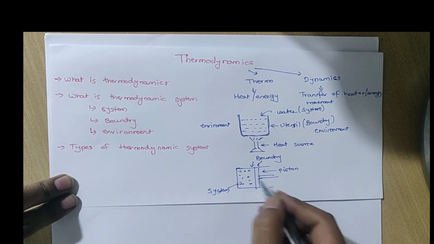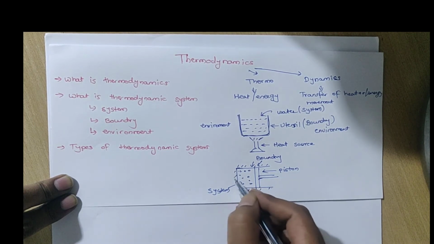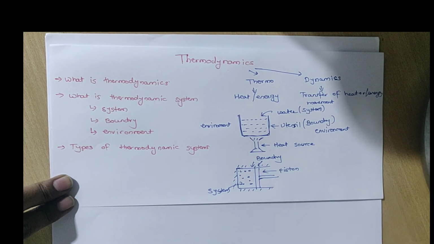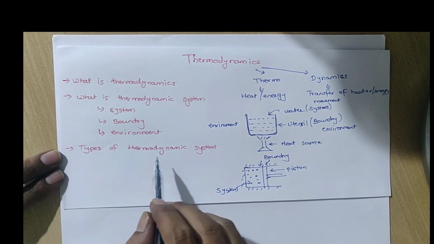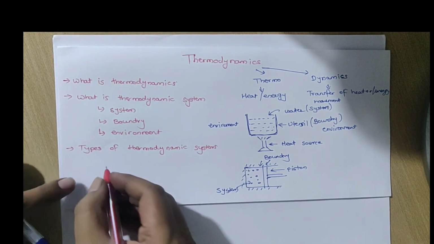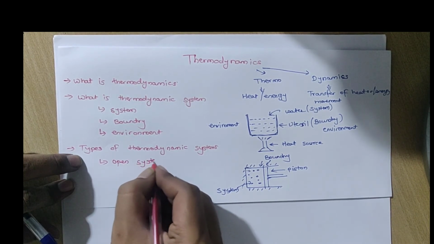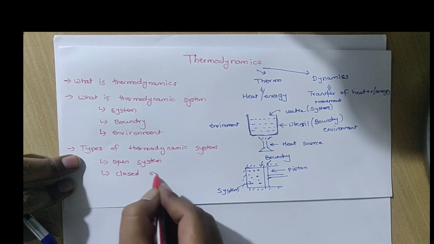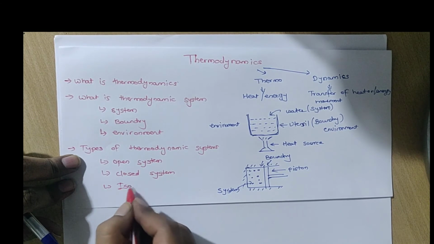So this boundary separates our system, which is gasoline present inside, from the environment. So based on types of boundary, thermodynamic system is classified into three types, that is open thermodynamic system, closed system, and the last one is isolated system.